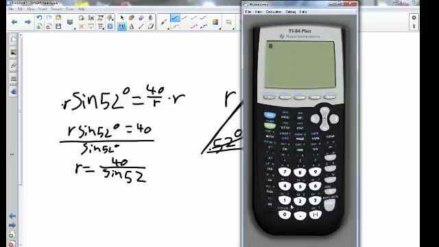So you have 40 divided by, make sure you add parentheses, sine 52 degrees, and then you enter.